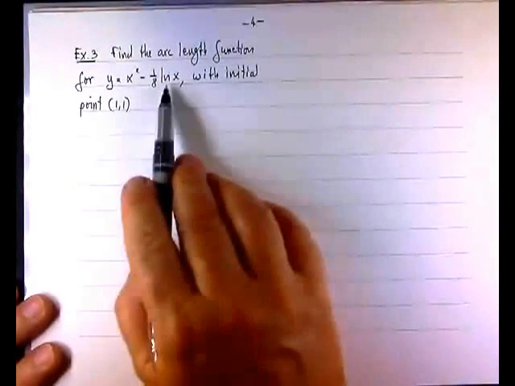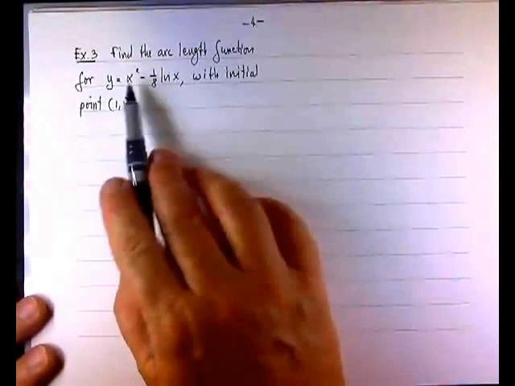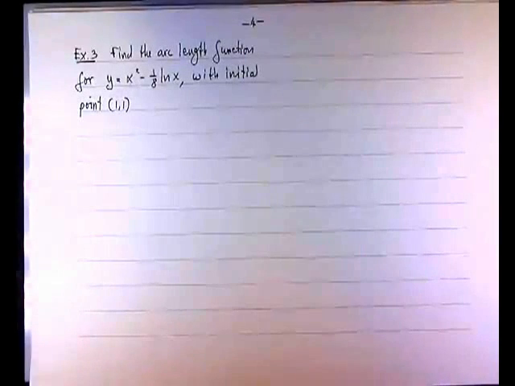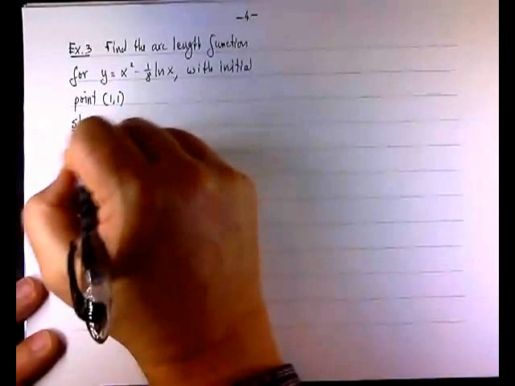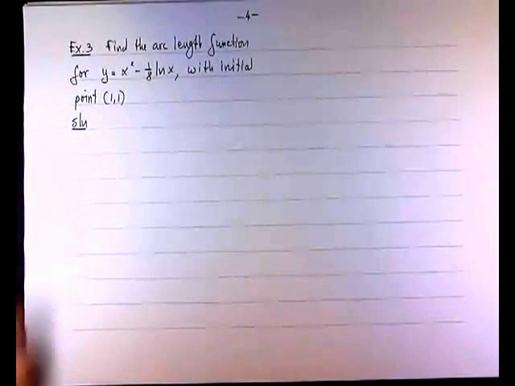And we can check when x equals 1, natural log of 1 is 0, so we have y equals 1 squared, or y equals 1. All right, so let's see how we work this out.